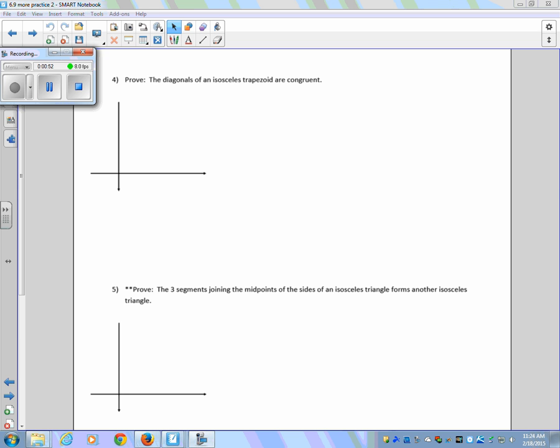Or we could make the trapezoid so that it is bisected by the y-axis, like that, or like that, or like this.